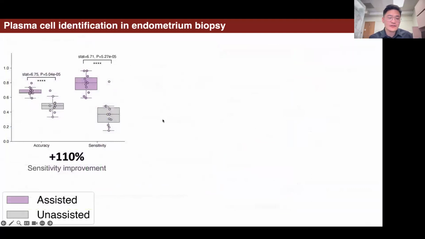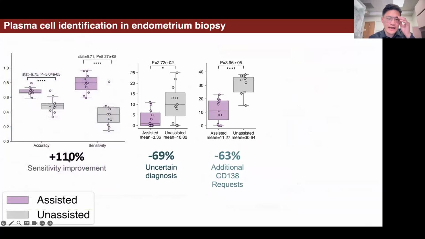We found that using AI to assist the diagnosis can double the sensitivity and improve accuracy a lot as well. We also found that using AI to assist can greatly reduce uncertain diagnoses: the "I'm not sure" button is clicked a lot less than without AI.